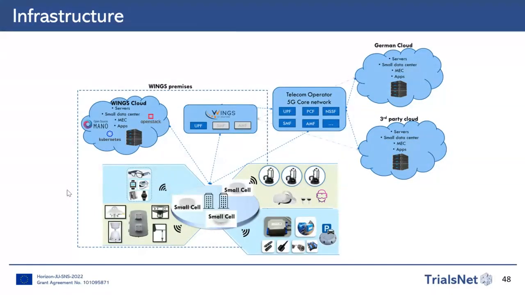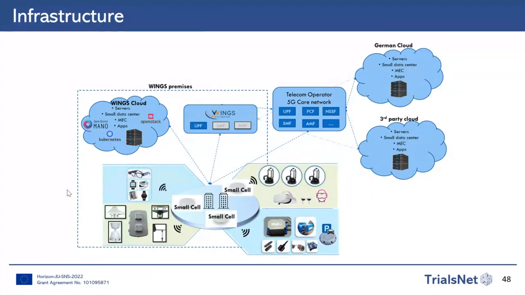These are also described later on. And then also some of the Wings cloud infrastructure, which may include a small data center, as well as some of the orchestrators and analytics mechanisms that we said earlier.